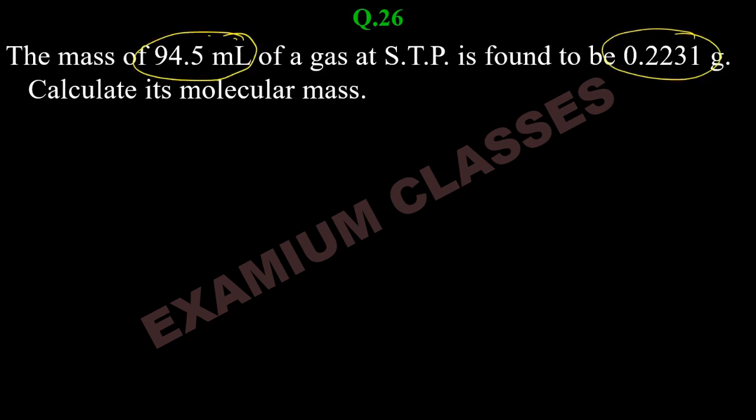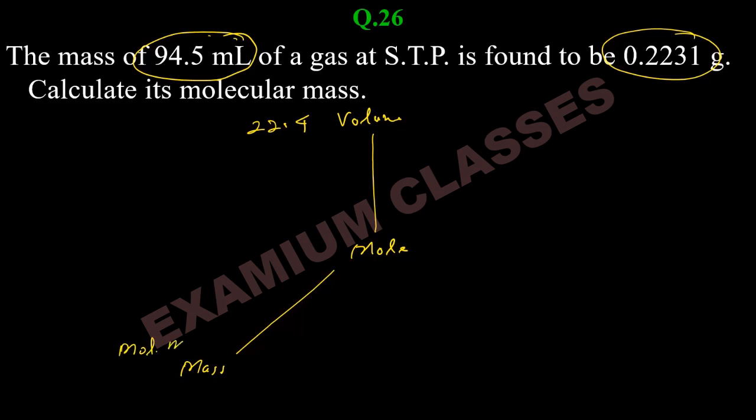The relationship is that 22.4 liter is 1 mole and 1 mole is equal to molecular mass in grams. So these two figures should be equal. 1 mole is equal to 22.4 liter at STP of a gas and 1 mole is equal to molecular mass also if represented in gram.